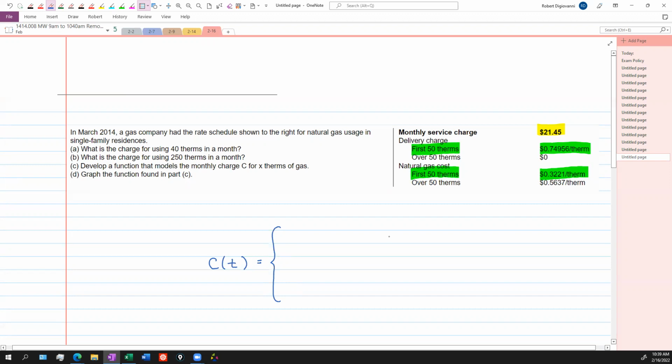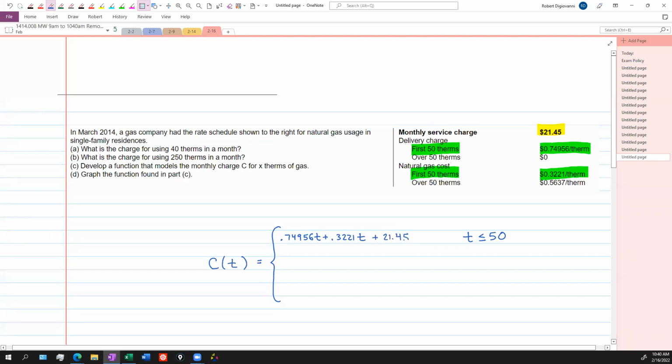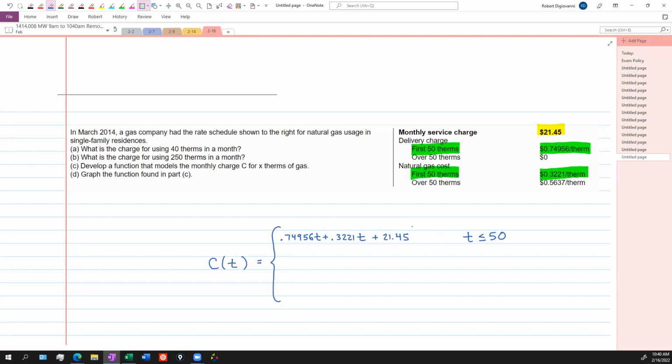As long as the therms we have are less than or equal to 50, then it's going to be 0.74956 T plus 0.3221 T. And then, oh, I'm forgetting the monthly fixed charge, plus the 21.45. So do y'all both agree with that part? Yes, sir.